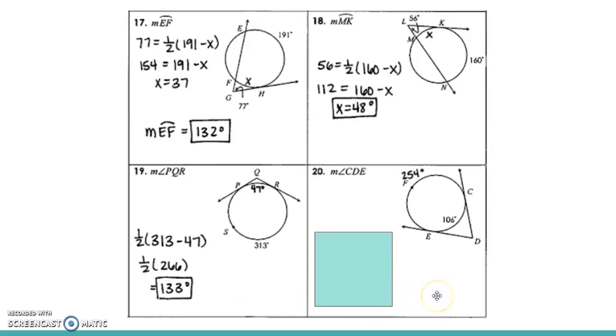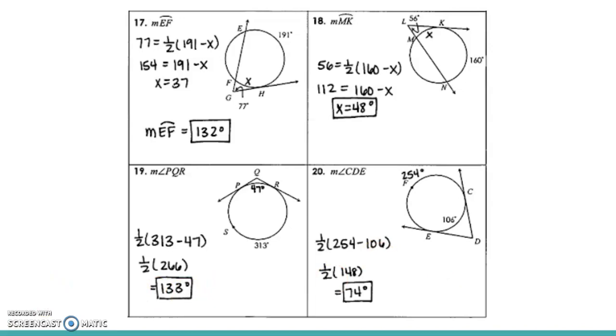For number 20, for the measure of CDE, I again can subtract one of the arcs from 360 to find that the other arc is 254. And then when I subtract those and cut it in half, I find that my angle is 74 degrees.